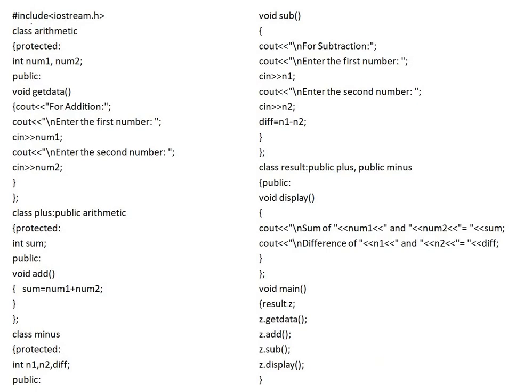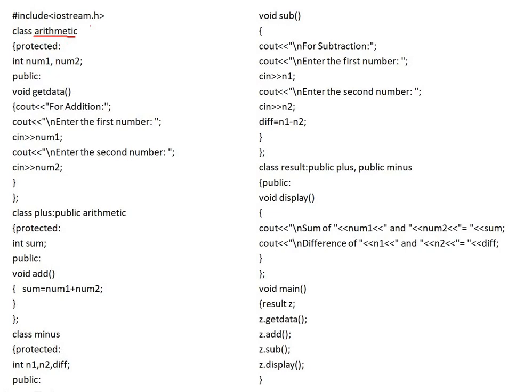First, we have included iostream.h into our current program. Okay. Now class arithmetic. Here class arithmetic is a base class. Within the class arithmetic we have written two sections, protected section and public section.